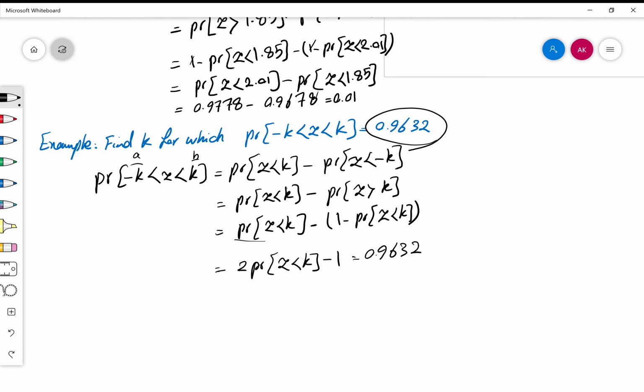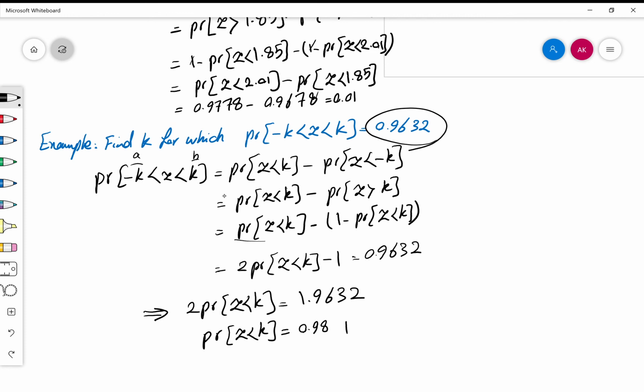But this guy is supposed to be equal to 0.9632. Then let's just compute that 2 times the probability of z less than k is equal to 1.9632, and then from there the probability of z less than k, divided by 2, will be 0.9816.